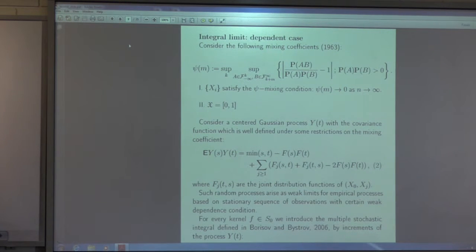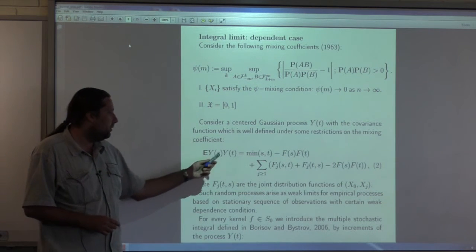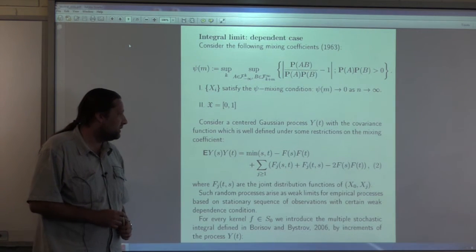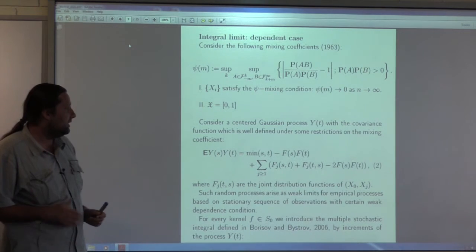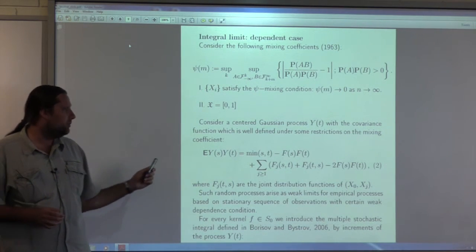So they're closer and closer to independence. The classical m-dependent case, where two observations are independent if the distance between them in the sequence of observations is more than m, is just an example of this mixing condition. So in the mixing condition, the limit process for the empirical standard measure is again a Gaussian process, but not a Brownian bridge.